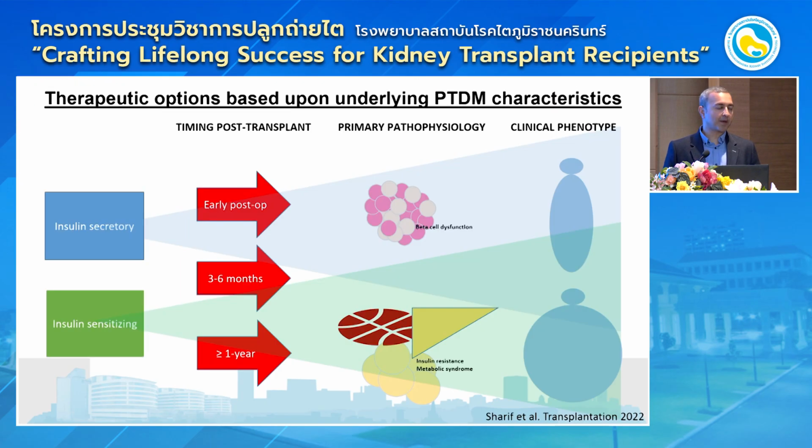And so when we're thinking about therapeutic options, when we think about what treatment to give, we need to think about our patient. We need to understand, is this early after their operation, or are we dealing with someone who's 5 or 10 years after transplantation? What's the clinical phenotype of our patients? And then when we're thinking about therapy, we need to think about what the best therapy is for that individual.